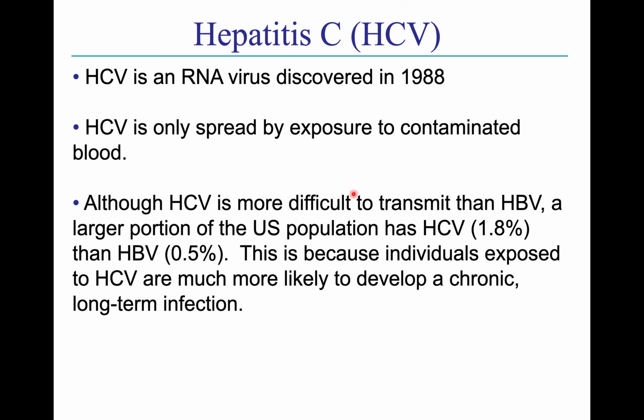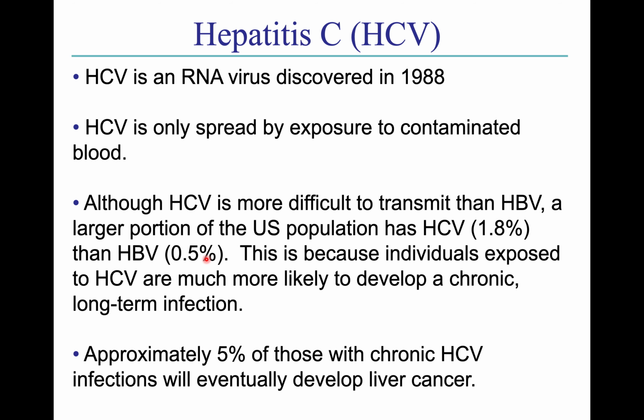But interestingly, you see a larger proportion of people in the U.S. have hep C than hep B. And this is believed to be because once you do catch hep C, you're much more likely to have a chronic long-term infection than you would be with hep B. So if you catch it, your body's more likely to retain it.